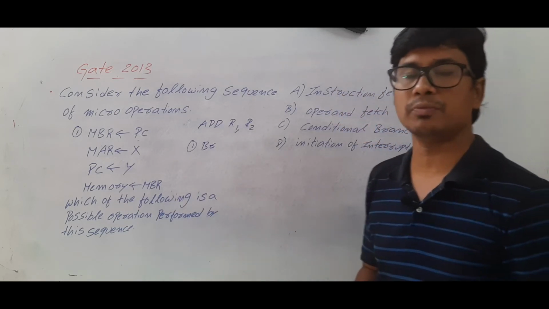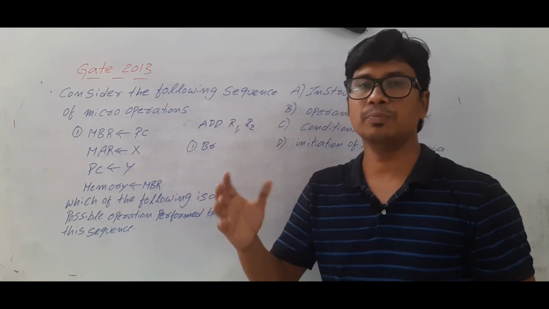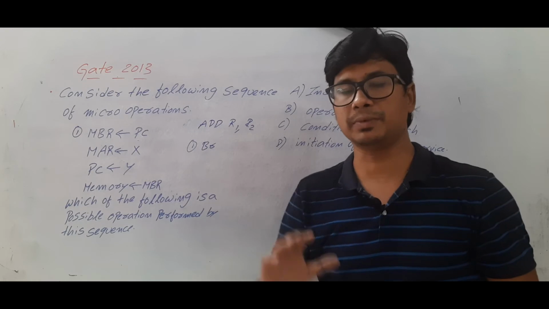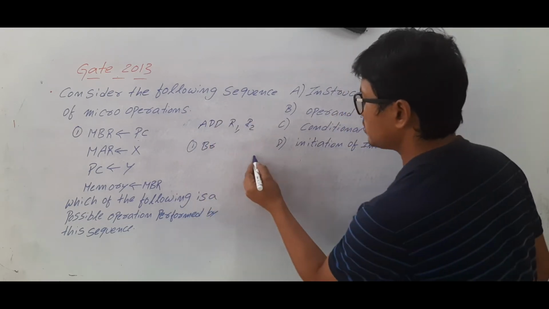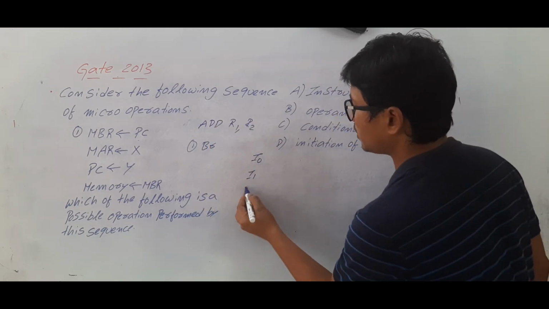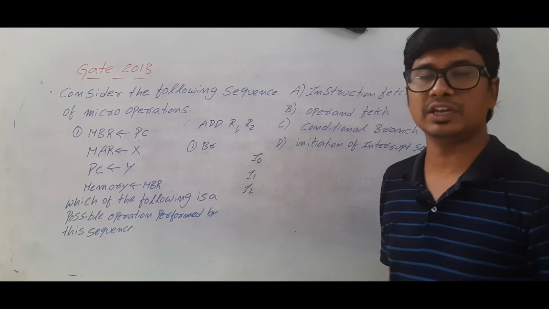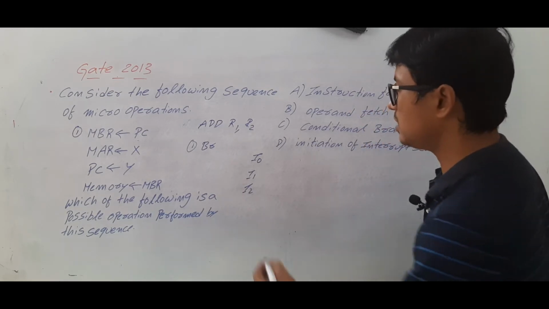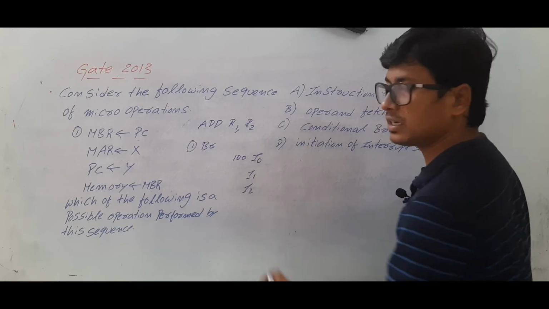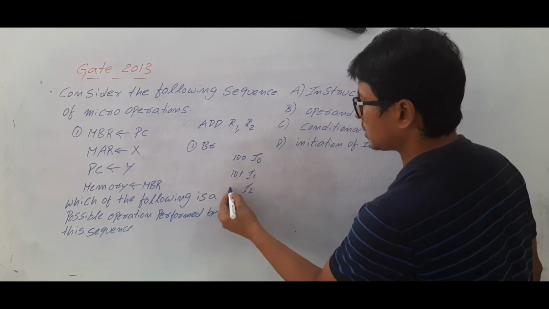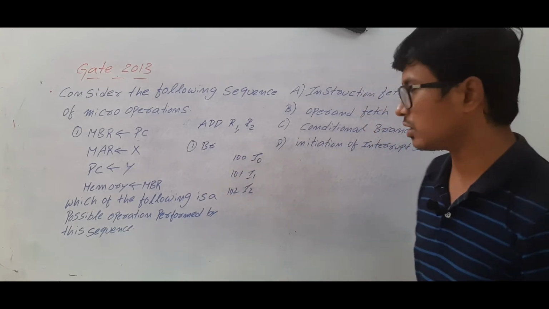So when will we give the program counter address? When there is a branch instruction. If it is a sequence of instructions, the program counter value will not be replaced. Suppose you have a sequence of instructions I0, I1 and I2 with no interrupts or branch instructions, where I0 is at address 100, I1 at 101 and I2 at address location 102.